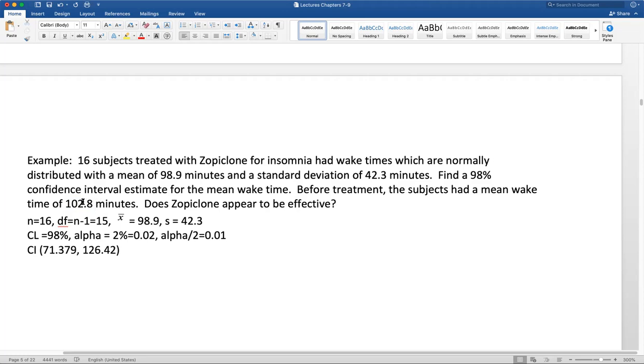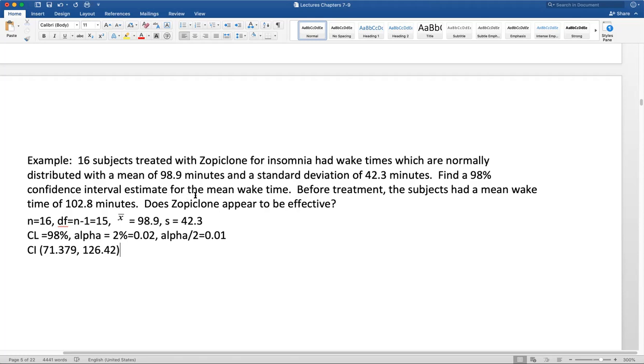Since 102.8 is in that interval, maybe 102.8 could be equal or close to the population mean wake time after treatment. So that means Jupyter is not effective, because 102.8 is in the confidence interval.